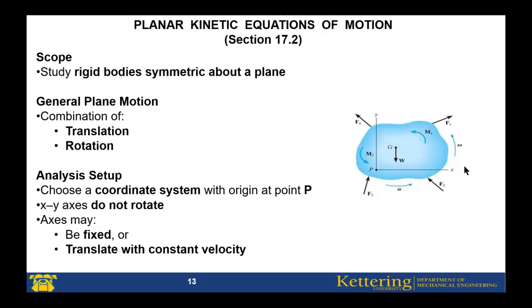And for this general rigid body, these are applied. What are these? F1, F2, F3, and F4 are external forces. M1 and M2, what do you think they are?